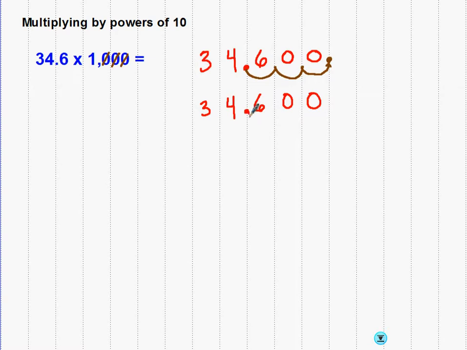We'll go ahead and put our comma in. If we had brought that decimal down, it'd be right here. As you can see, there's nothing following the decimal. And generally, when there's nothing after the decimal, it's just normal convention that we don't usually include that decimal. So let's go ahead and take that off. So our answer would be 34,600. All right, let's do one more.